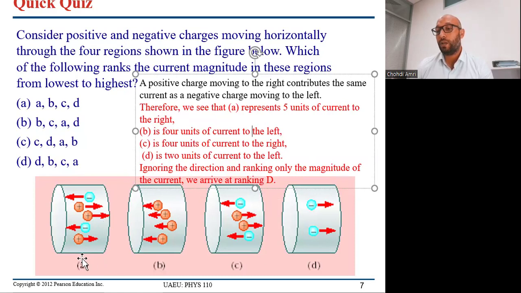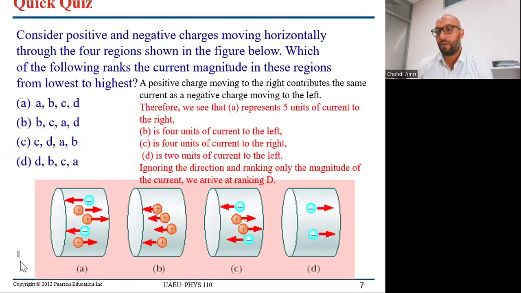So the total here will be 5 units of current to the right.